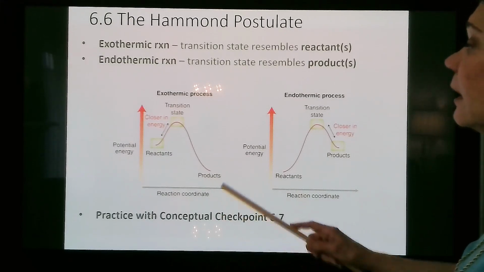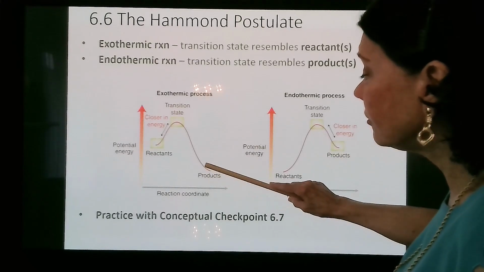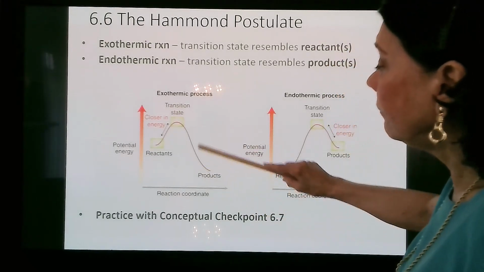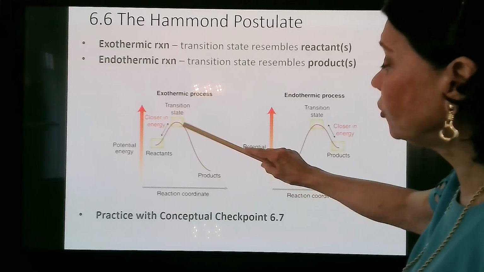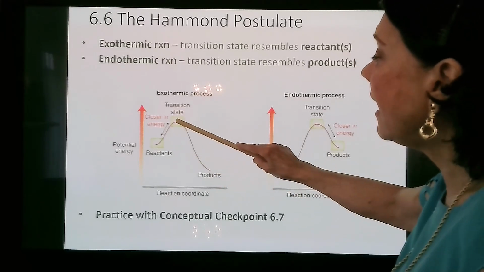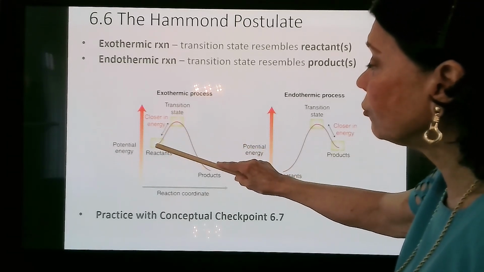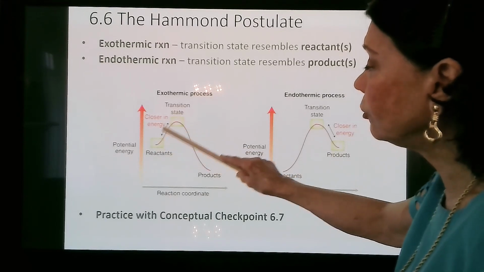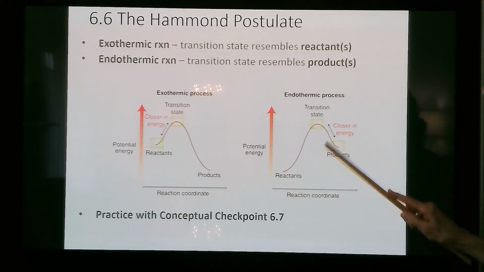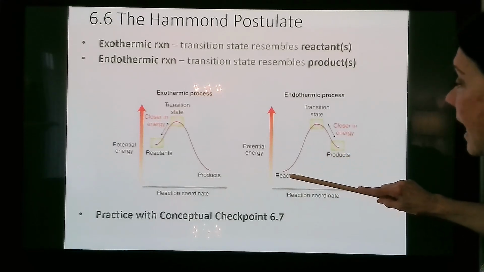Here, if it's an exothermic process, notice the products are going to be lower in energy than the reactants. So the products will be farther away from the transition state, and that tells you that the structure of the transition state will be closer to reactants because the points are closer together. On the other hand, if it's an endothermic process, the products will be higher in energy than the reactants.